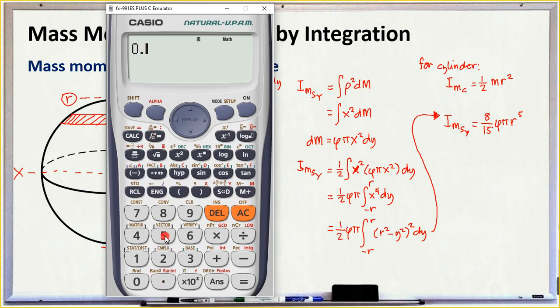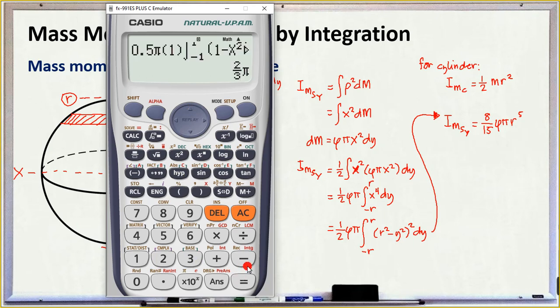So start with 0.5, shift pi, then our density is 1 unit, then integral. Then we have our r as 1 unit, so 1 minus alpha x squared, squared, with limits from negative 1 to 1.